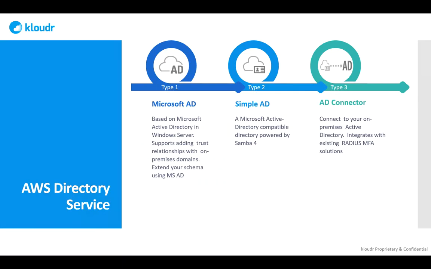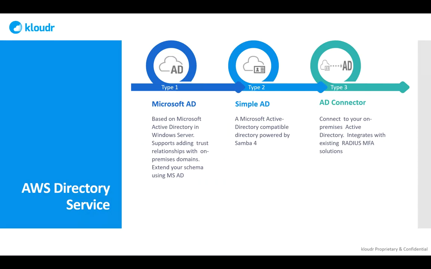In fact, there are two servers where they installed the Active Directory role, and they configured it to host your domain. All you need to do is log into the AWS console, go to AWS Directory Service, and create your domain.